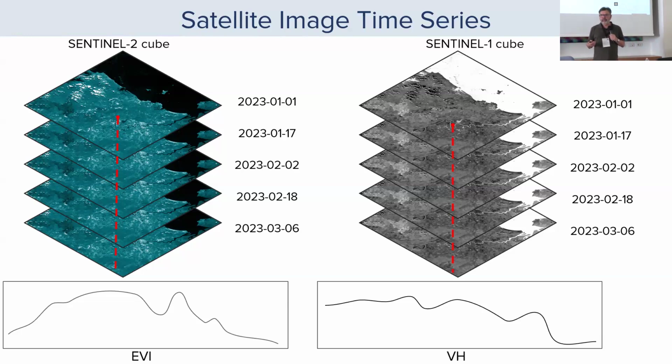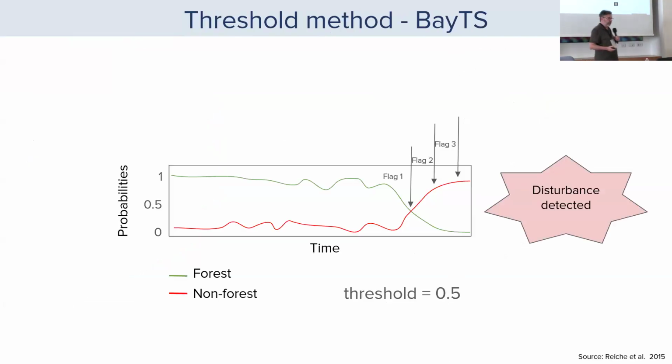Now, in most of the work from Johannes, he's using radar. But in this work, we are combining Sentinel-2 and AWFI and CBERS with Sentinel-1. So the whole idea of this method, which was developed originally by Johannes, is what's called the Bayesian threshold signal method. The idea is there is a signal associated with normal forest, and there is a signal associated with non-forest.